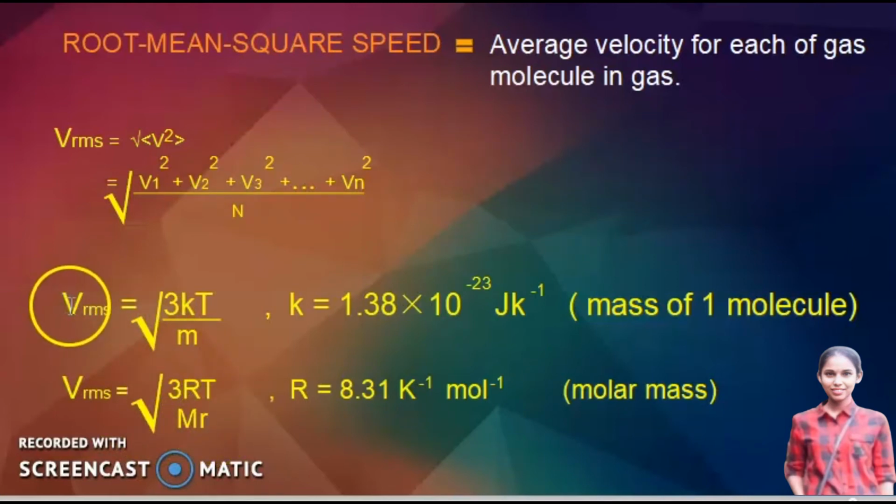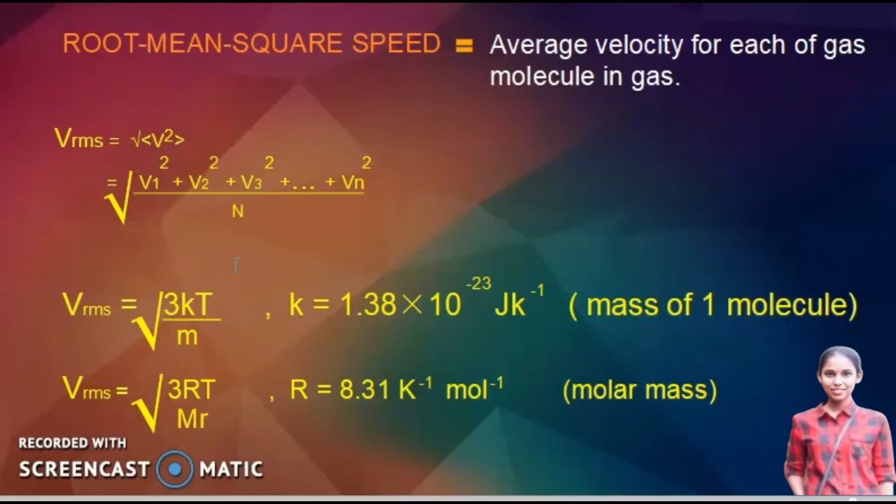Okay, let us look at this. K, what is K? What's the value for K? The value for K is 1.38 times 10 to the power of minus 23. Since K is a constant, we just substitute this value into the formula. Okay, temperature. Don't forget in this chapter the unit for temperature must be in Kelvin, not in degrees Celsius.